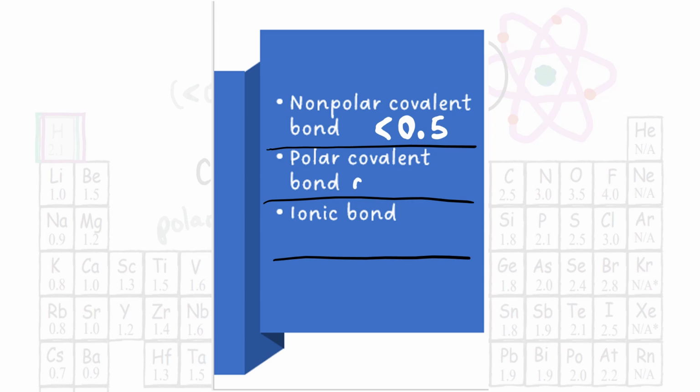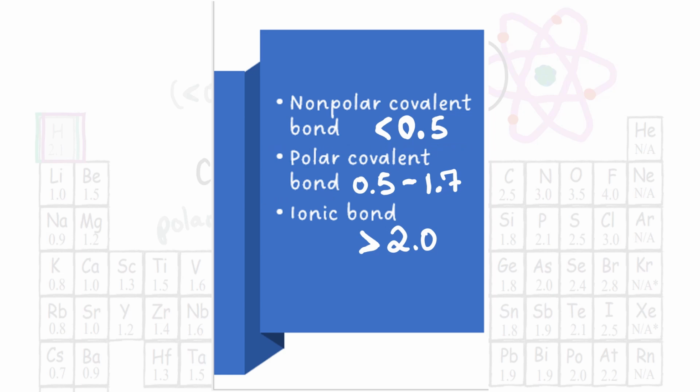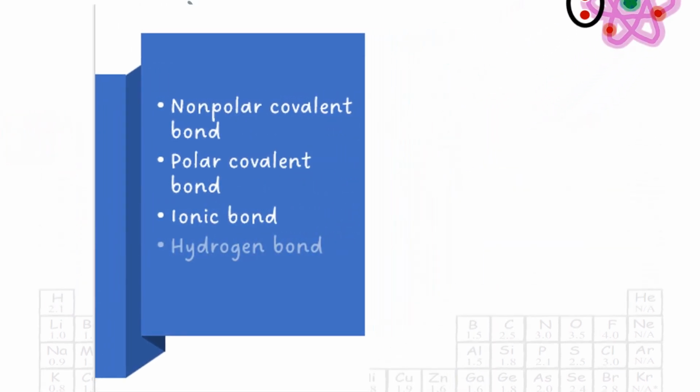If the difference is between 0.5 and 1.7-ish, it'll be a polar covalent bond, where the electrons are shared, but one atom is kind of hogging, holding more tightly to those electrons. And if the difference in electronegativity is above 2, one atom will straight up steal an electron from the other atom, and you'll get ions that are joined by an ionic bond.